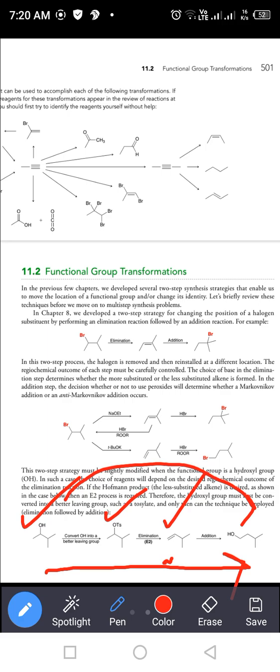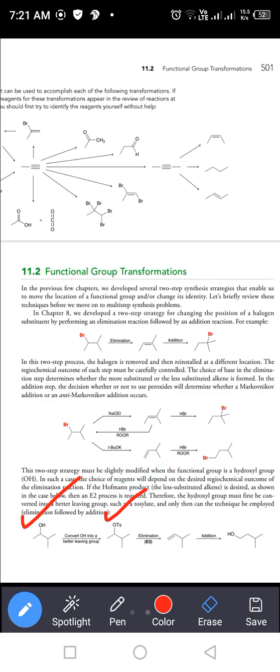So we can bring a regiochemical change and change the position of the OH group. This is the design strategy for how we can convert this particular functional group position to another compound having a change in position of the OH group. This is a strategy.